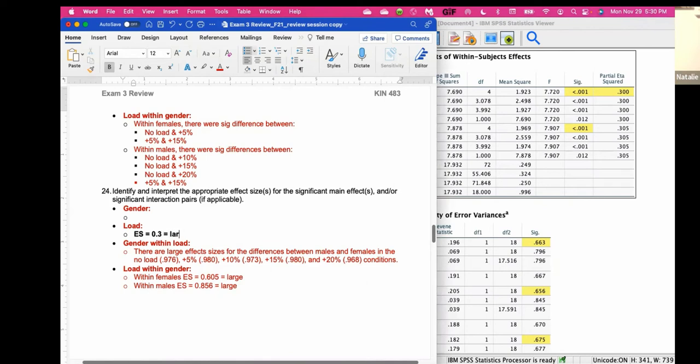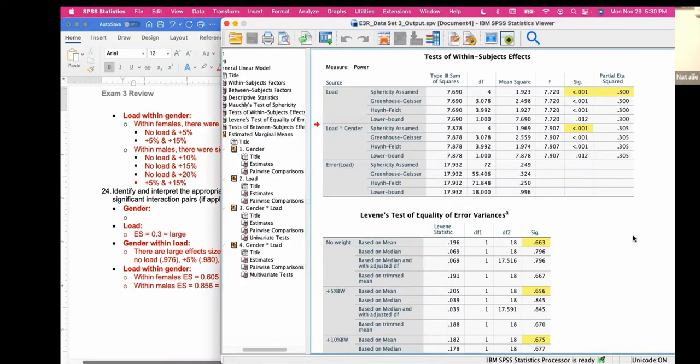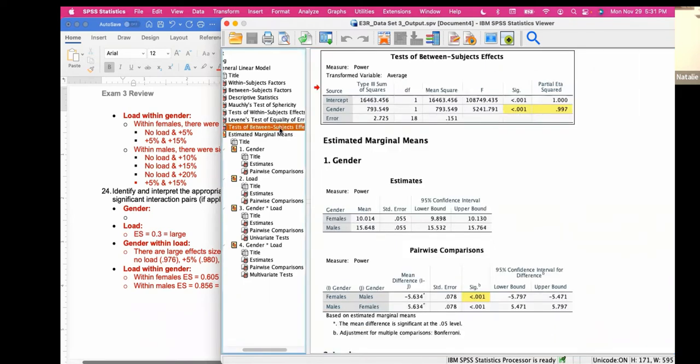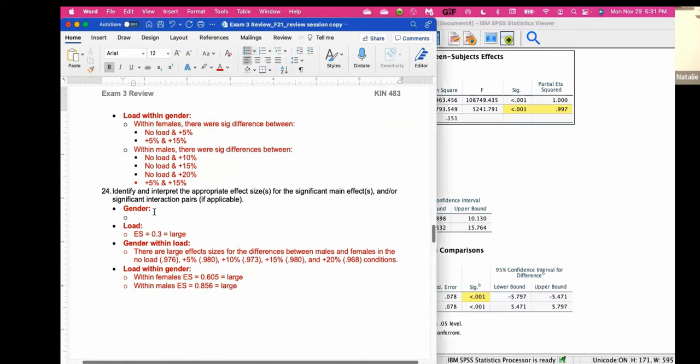That would be considered large. And then my effect size for gender, because gender is my between subject factor, it's going to be in my between subject factor ANOVA table. So that one would be 0.997, which is also considered a large effect size.